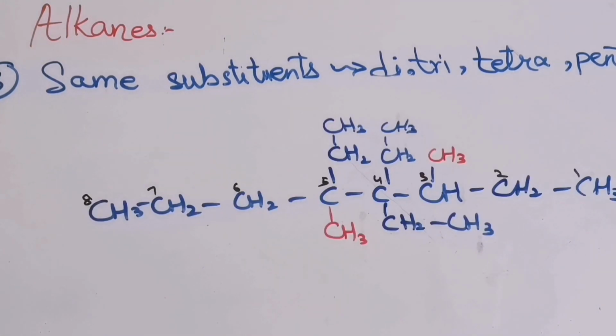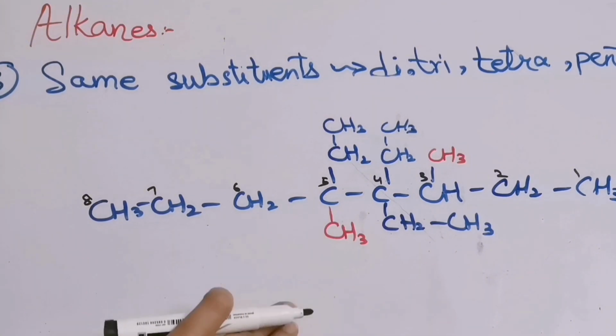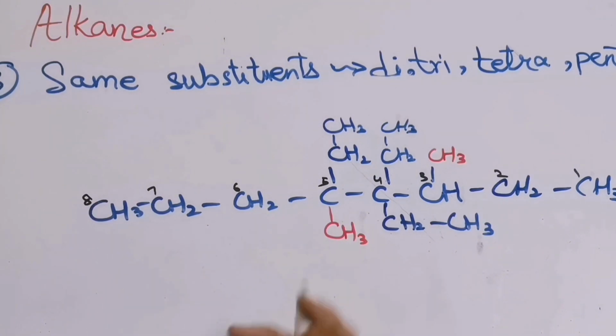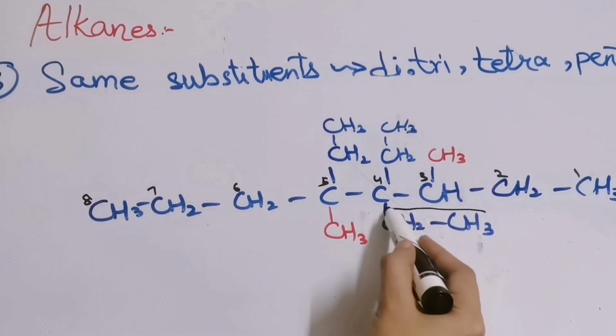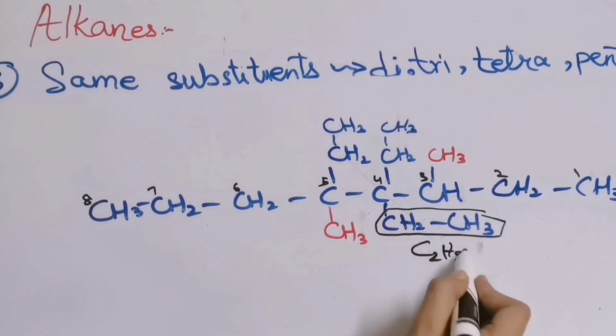Now see over here, I wrote this example. I have already given the number to the chain. Now you should know how we will give the number to the chain. We will give the number in a way that the substituents will get the lowest possible numbers. Now what substituents are present on this chain? This one is ethyl. It is C2H5, right?